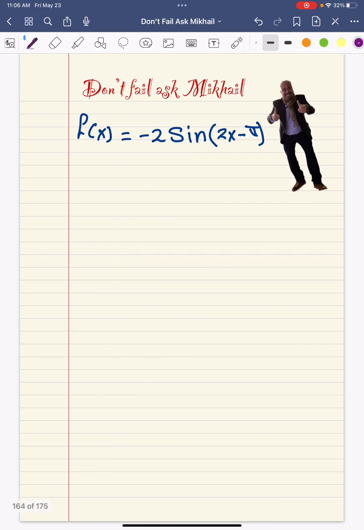So let's do another example. Negative sine of 2x minus pi. First of all, a equals the absolute value of negative 2, which is 2. B equals the number next to the x, which is 2.